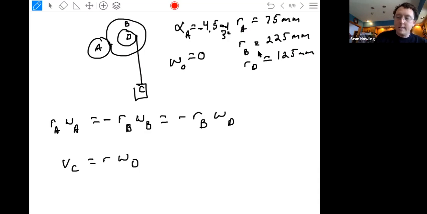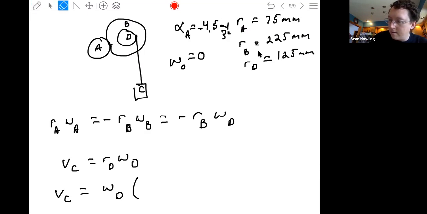Okay, so now to solve for the velocity, I'm going to just string these all together. So I'm going to get that the velocity at C equals omega D times the radius at D. Oh dear. I want to go back. Sorry. Erase that.